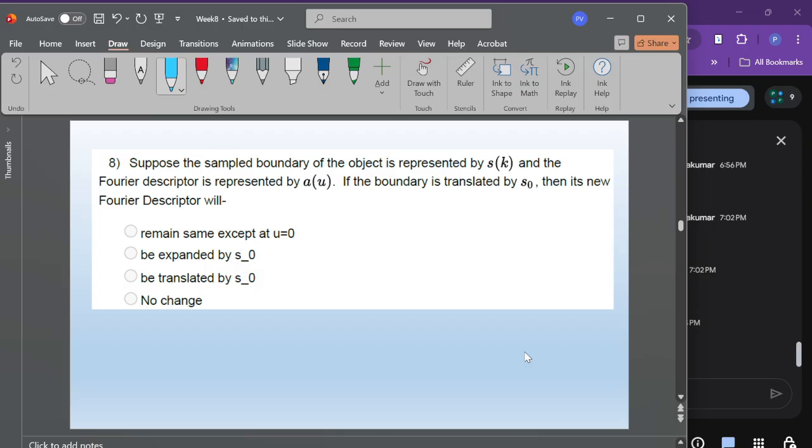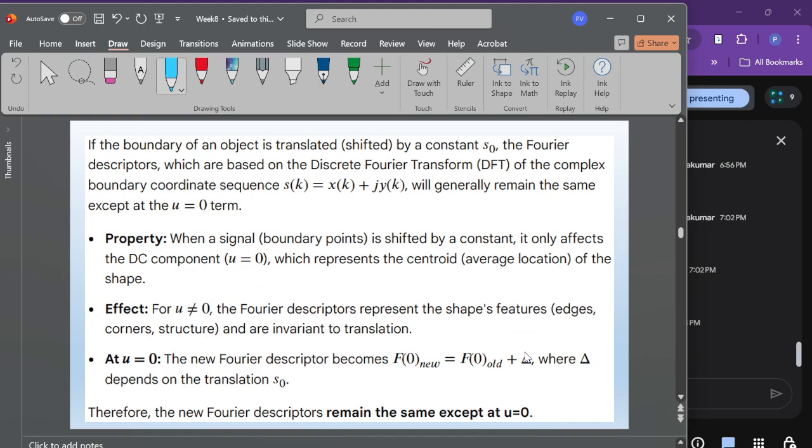So the detailed solution is here. If the boundary of an object is translated or shifted by a constant s0, the Fourier descriptor, which is based on the discrete Fourier transform of the complex boundary coordinates, that is s(k) equal to x(k) plus j y(k), a complex boundary coordinate, will generally remain the same except at the u equal to 0 term.